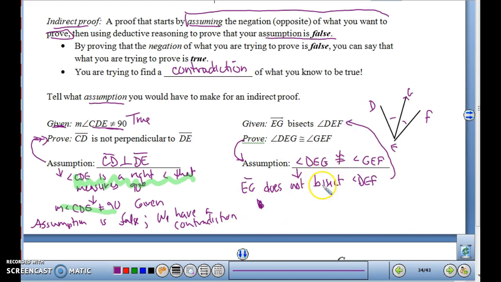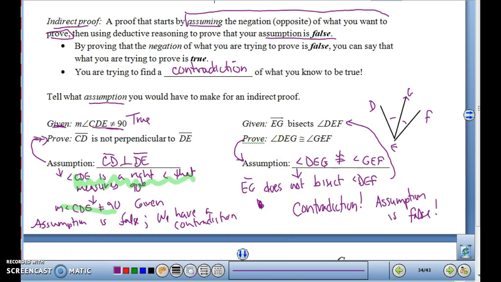So we actually have a contradiction again, which means the assumption is false. So there we go, and what we wanted to prove is actually true. Because this is wrong, this must be true. It's kind of a roundabout way of proving something. When you're using an indirect proof, most of the time you're trying to prove something is not true.